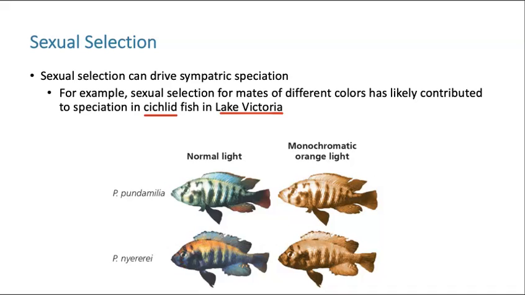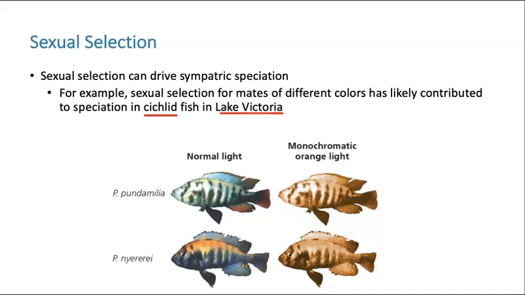So then we have this pollution, which increased the opacity, so you just can't see very far inside Lake Victoria anymore. And so it turns out that these two fish look a lot alike in this monochromatic light.